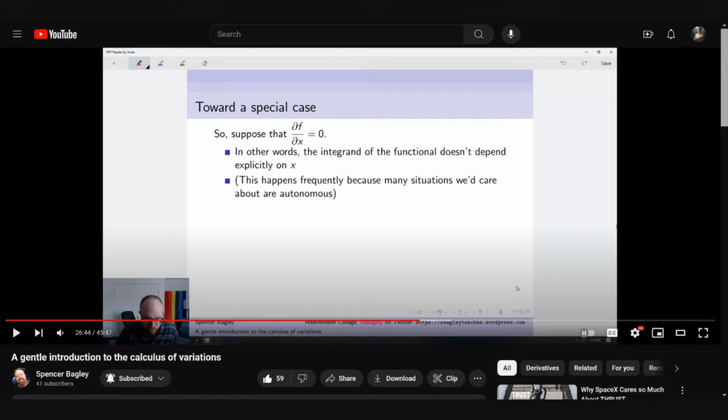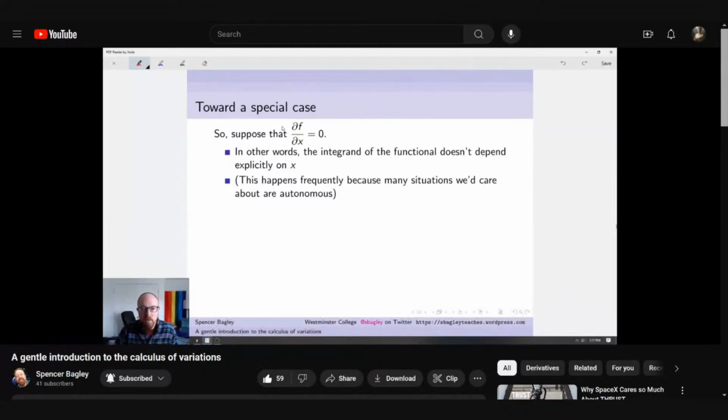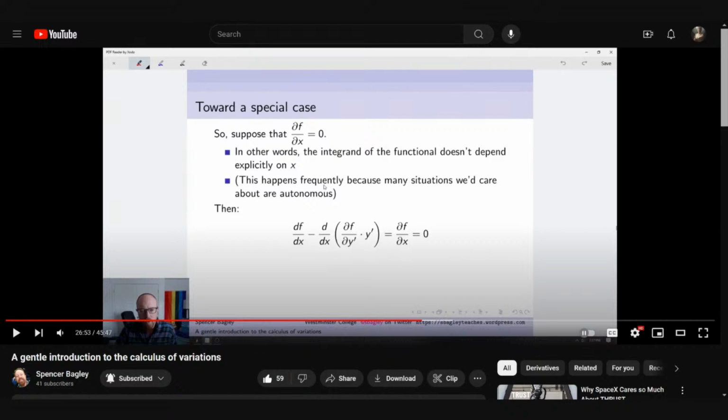Okay, so I think I understand what he means. Explicitly, I bet that we're going to get a nice special case because this partial of f with respect to x is 0. Suppose that the partial of f with respect to x is 0. What is f?